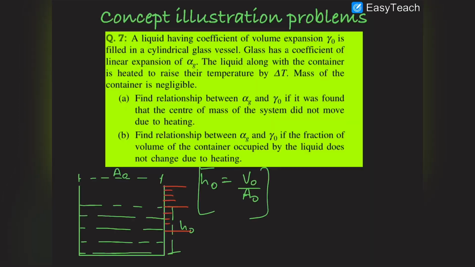Now at some final temperature, this height again will be equal to the original height, because it should remain the same, and it should equal V by A, where V is the new volume and A is the new area of cross section of the vessel. We know that H naught is V naught by A naught.